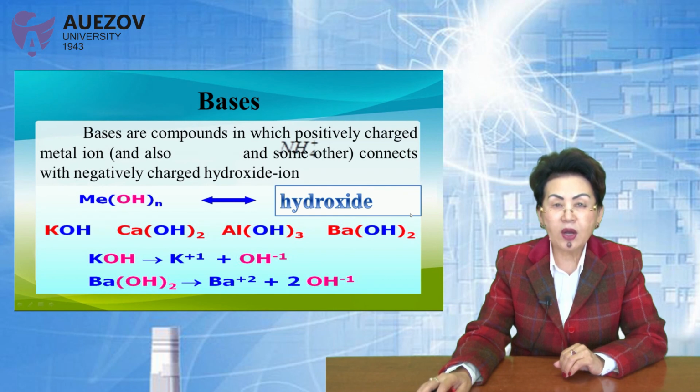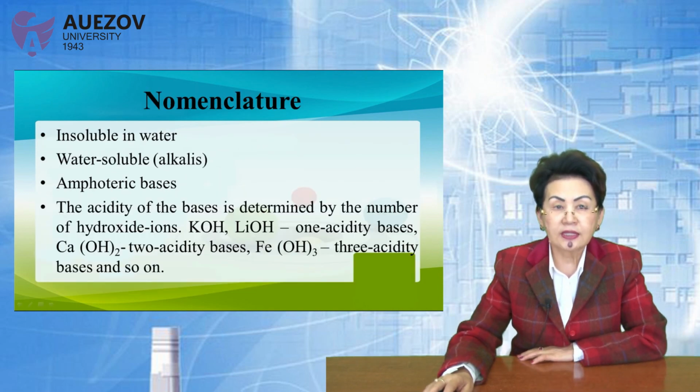Bases are compounds in which a positively charged metal ion connects with negatively charged hydroxide ions, and the number of hydroxide ions equals the valence of the metal. Nomenclature. Next, types of base: insoluble in water, water soluble alkalis, and amphoteric bases.